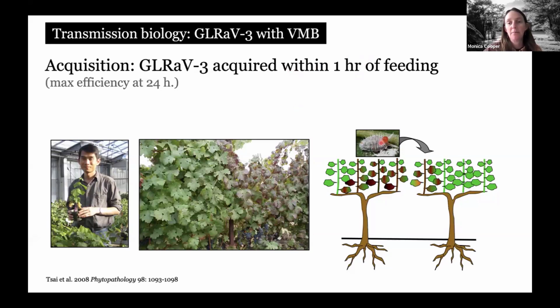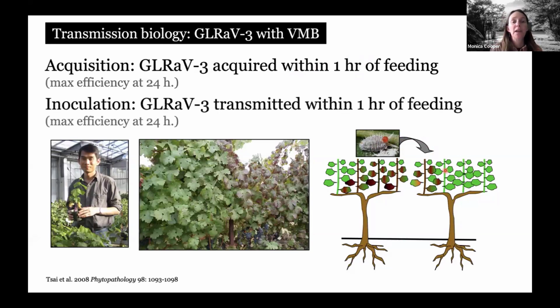And then if that mealybug moves to a clean vine or an uninfected vine, within 1 hour of feeding, it can transmit that virus to the healthy vine. So within 2 hours, the virus can move from one vine to another. Of course, maximum efficiency happens in around 24 hours, but it can happen quite quickly.